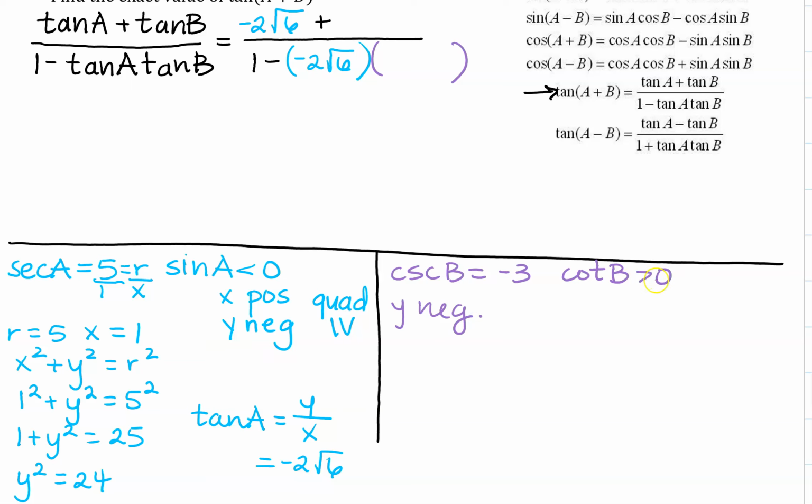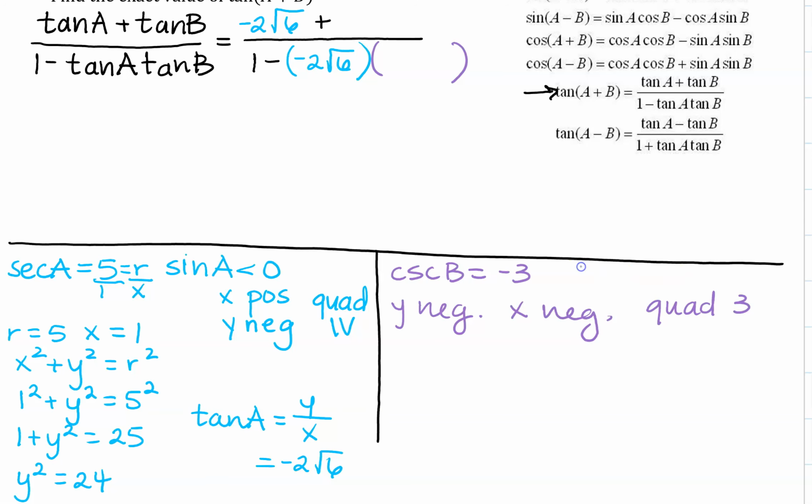If cotangent is positive, that means that x and y have the same sign, because x over y is positive, and so it must also be that x is negative. And so we must be in quadrant 3, where both x and y are negative.